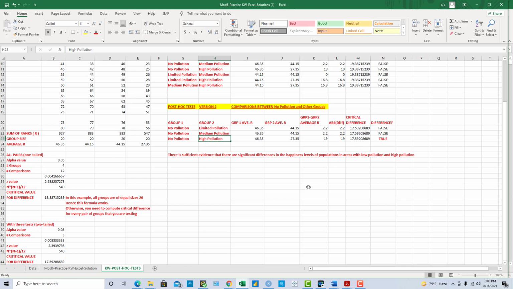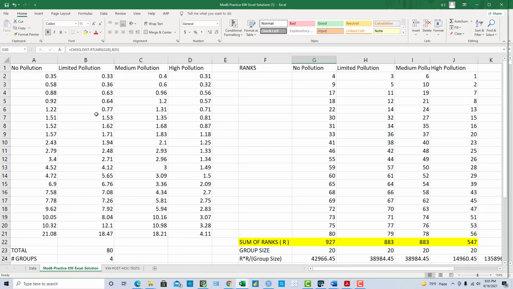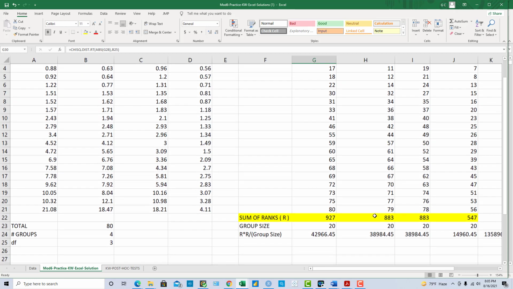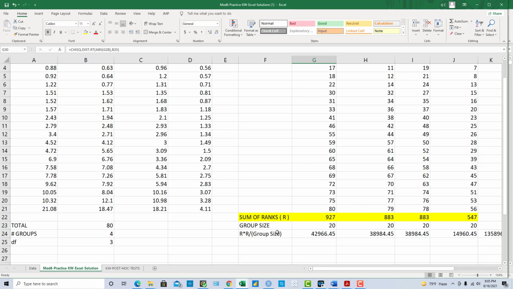So if you are conducting this for any other data, what I suggest is that you start with this Kruskal Wallis. You can use a very similar format, and you compute the rank orders using essentially the same formula, and you find the sum of ranks, group size.